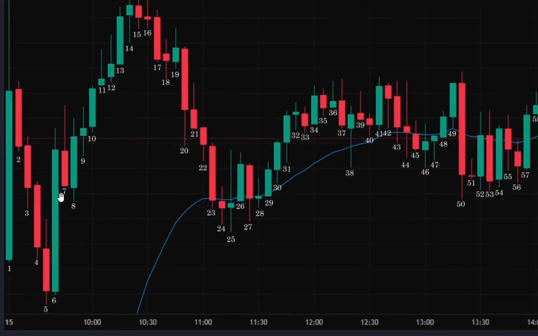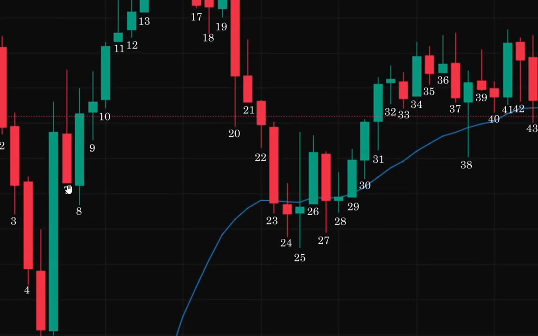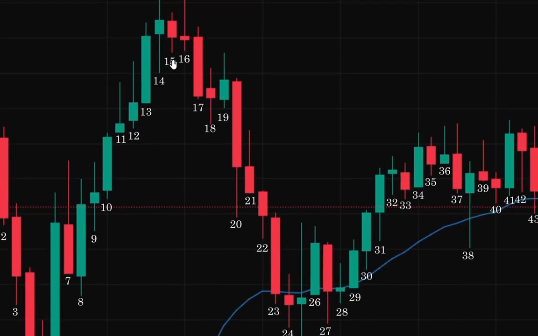At the very first, this is low 1, once it goes down again, this is low 2. The market price didn't go below bar 8, didn't go below bar 9, didn't go below bar 10, or 11, 13, 14, 15, 16.